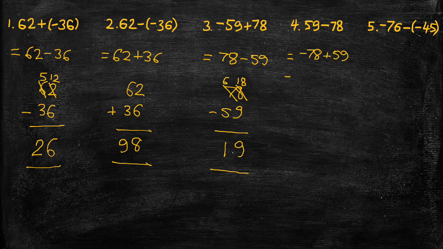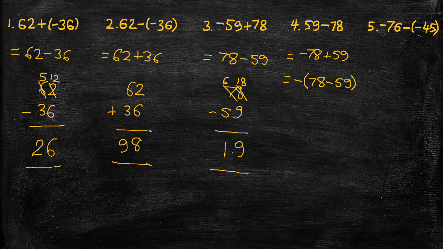And the reason I want to do that is then I want to be able to subtract 59 from 78, because I do know how to do that using the subtraction algorithm. But I have a minus 78, and so I need to put a minus sign on the outside of the brackets.